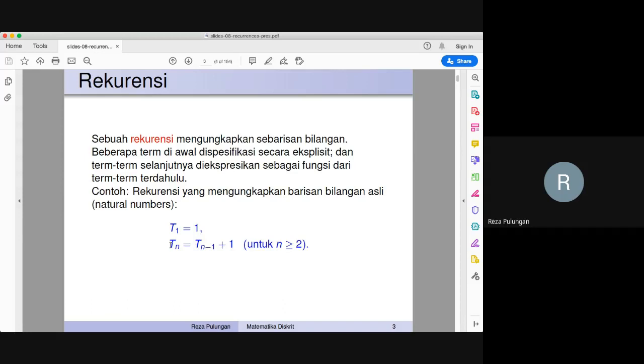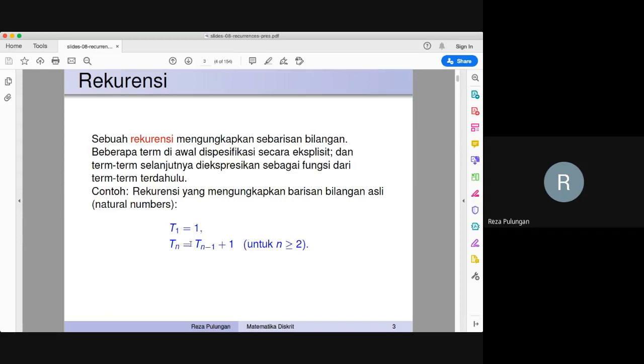Why do we call it recurrence? Because the function occurs on the left side and on the right side of the equation. So this function basically is described by itself.